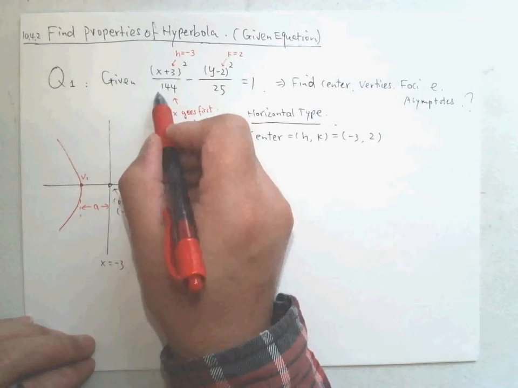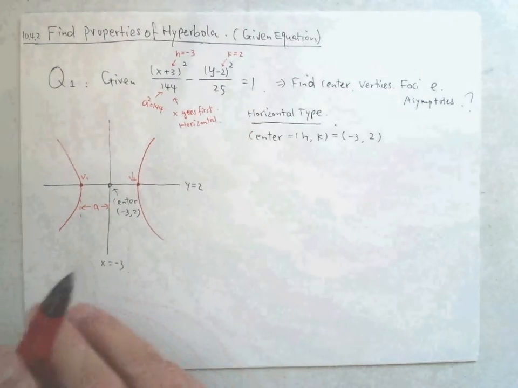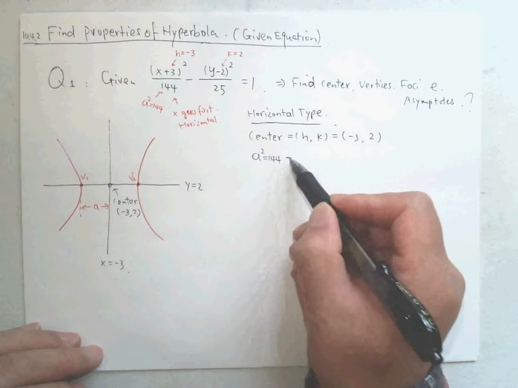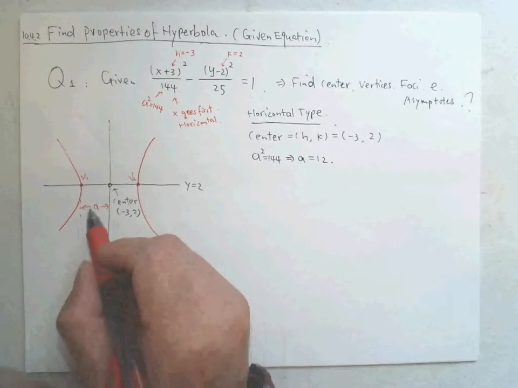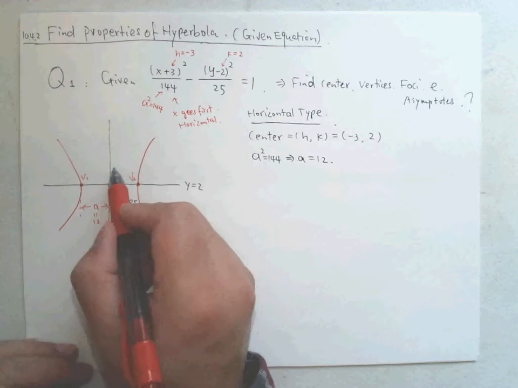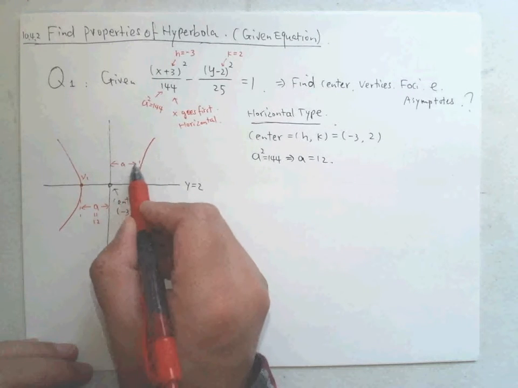In this case, A squared equals 144. Solving, A equals the square root of 144, which is 12. So A equals 12, and this is also A equals 12.